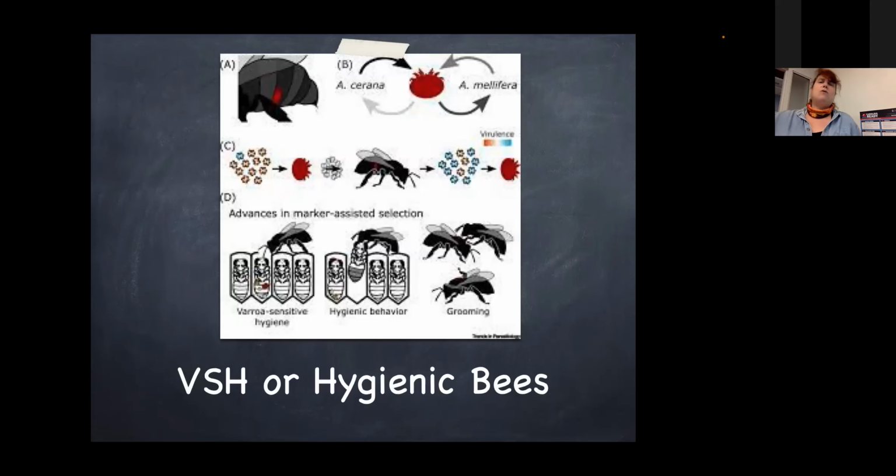They'll take them and remove them from the hive. And in the process, they're going to remove the Varroa mites and stop the breeding process. Varroa sensitive bees actually smell the Varroa mite, open up cells that have Varroa mites in, and pull those larvae out and remove them. So that's a great thing.